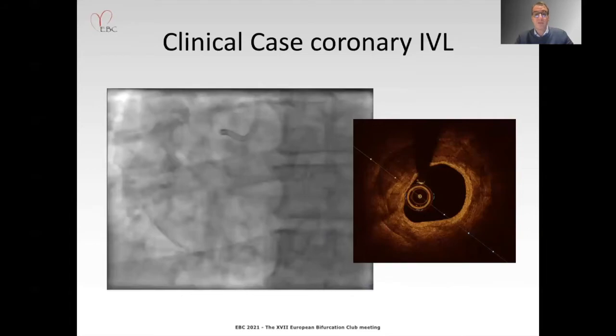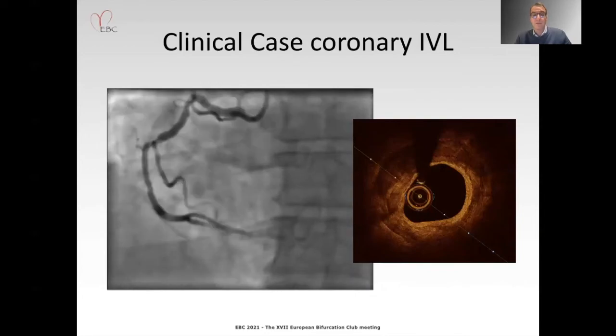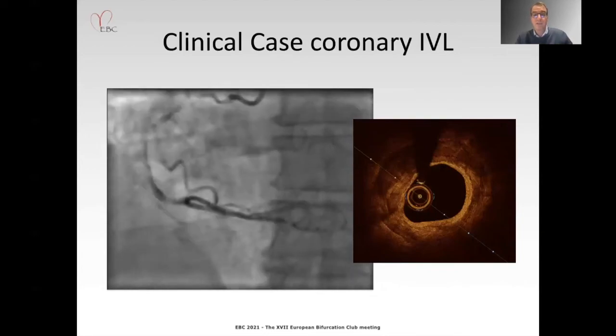Finally, I want to show a clinical case which shows a severe calcified lesion, which is nicely demonstrated in the intravascular imaging, which was OCT, in the right coronary artery.